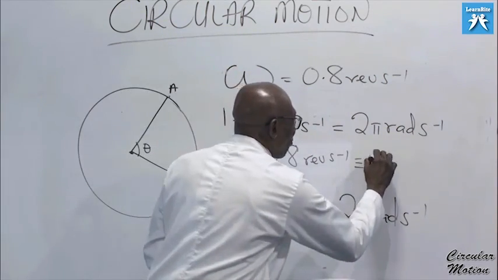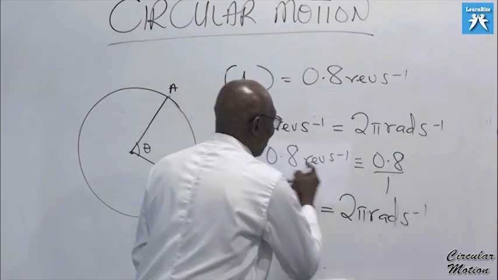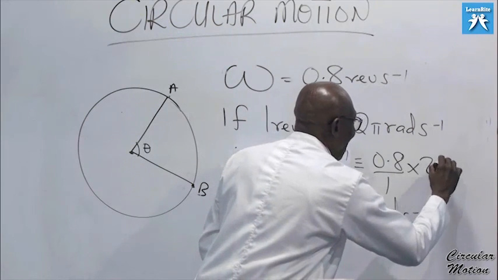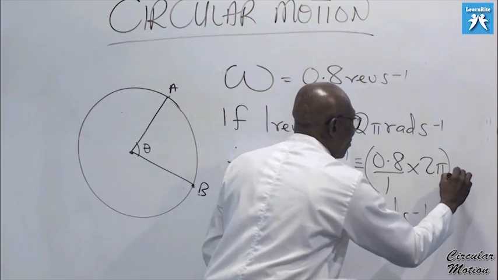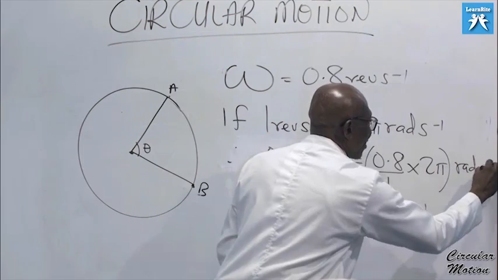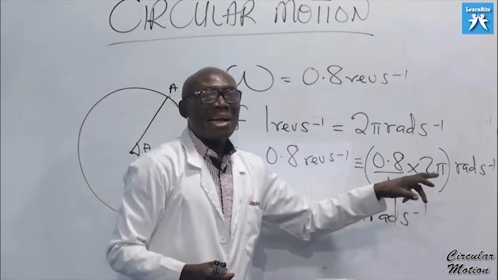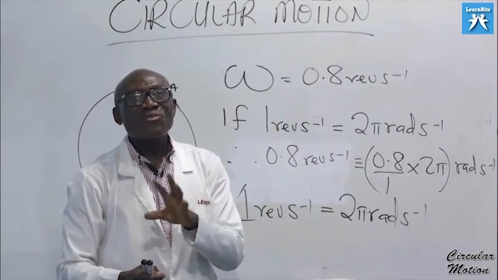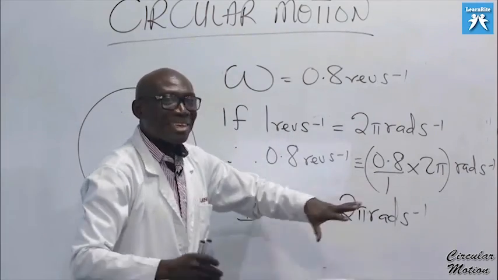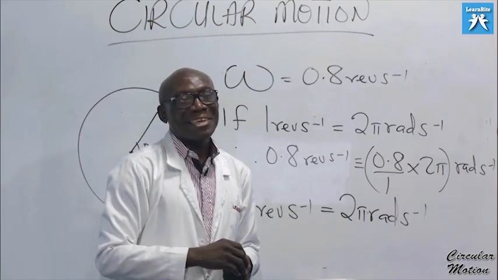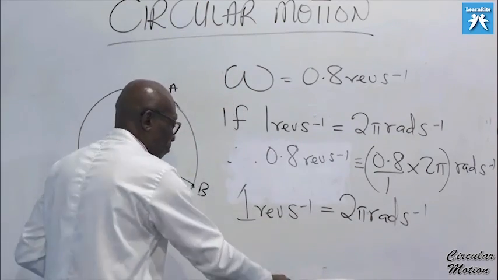That will be 0.8 divided by 1, as you can see from here, times 2 pi, and the answer you get here will be in radians per second. And you can put the value of pi as 3.142 into this, and you just evaluate it, and that will be in radians per second. So take note of this.